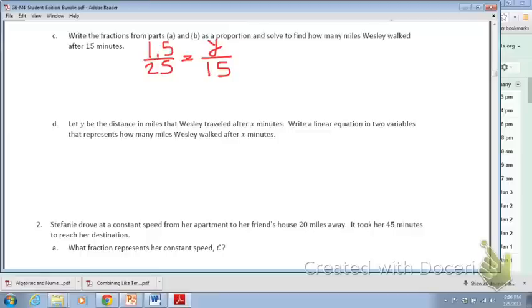In order to find out, we can do the cross products. So our new equation would be y times 25, or 25 times y, is equal to 15 times 1.5.